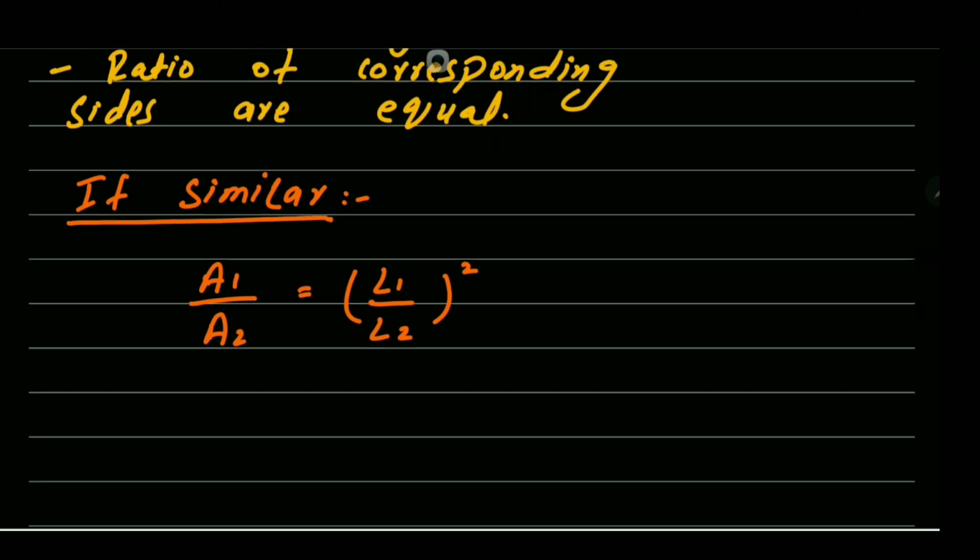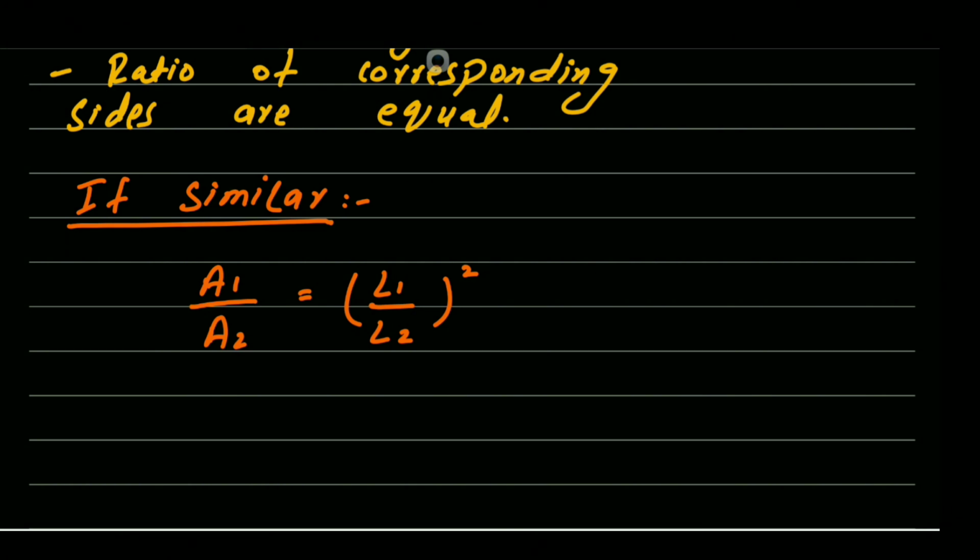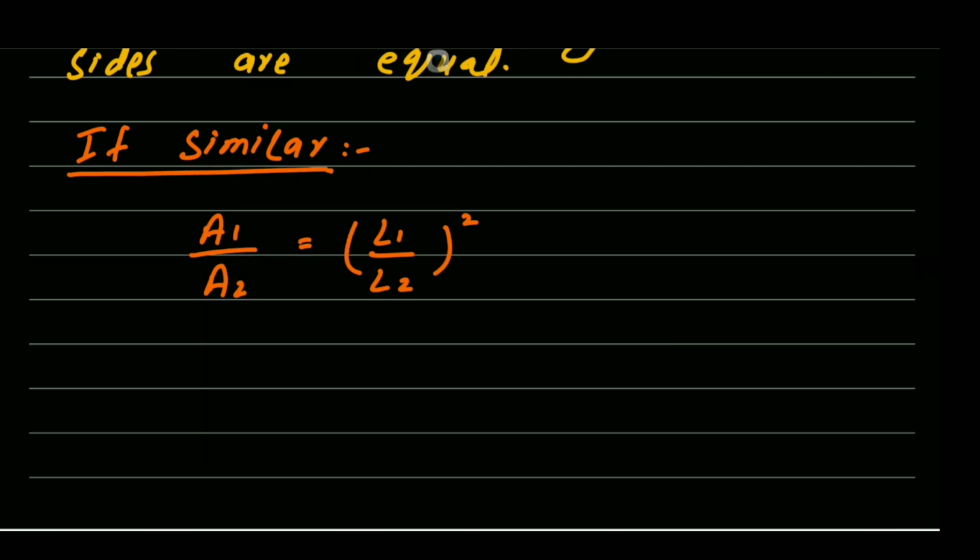So when the question asks to find the ratio of the area of triangles or the length of the triangles, then you have to use this formula. And L1 over L2 is the ratio of corresponding sides.